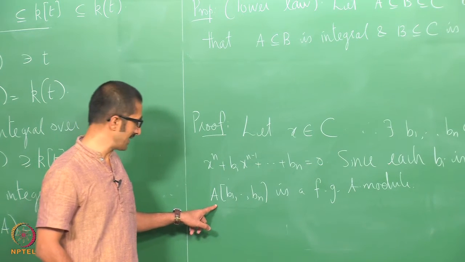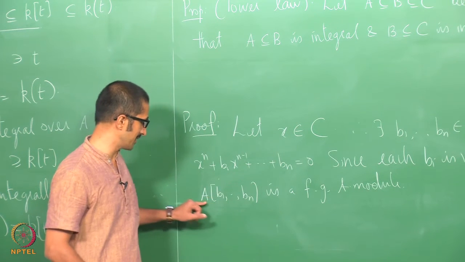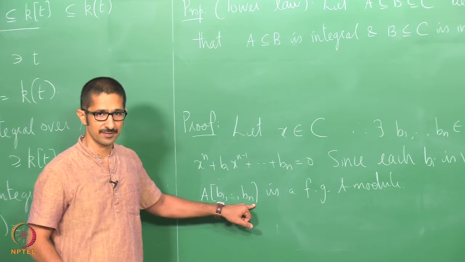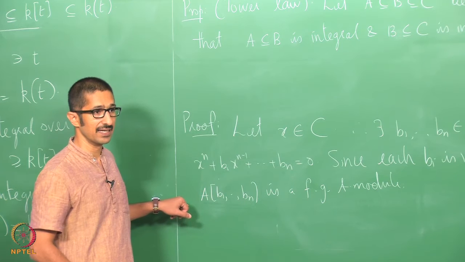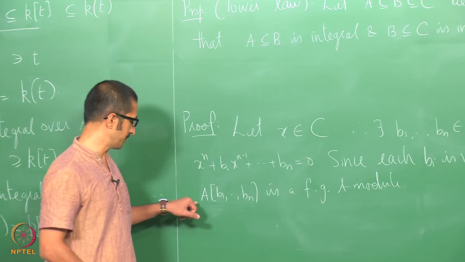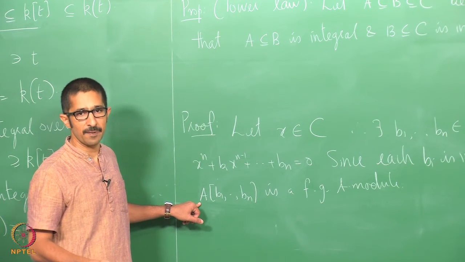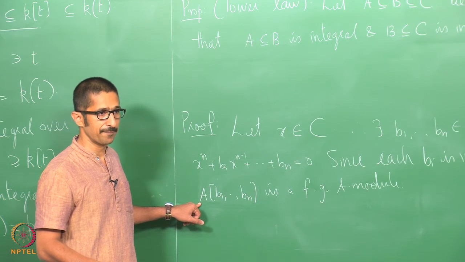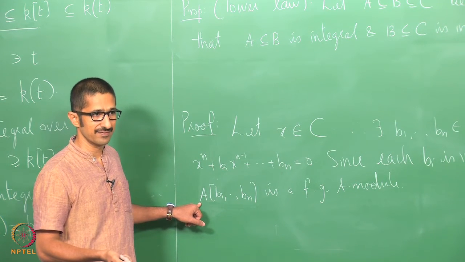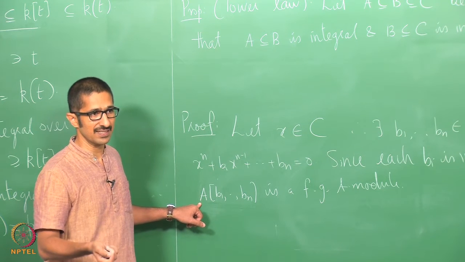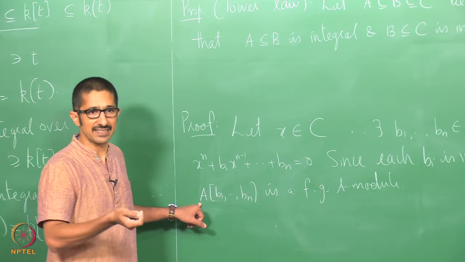or in other words, if I attach x to this, it will be a finitely generated module over this ring, but this is a finitely generated A module. So, therefore, if you attach x to this, that will remain a finitely generated A module, and that was one of the equivalent conditions for x to be integral over A. There exists an A algebra containing A and containing the element x.